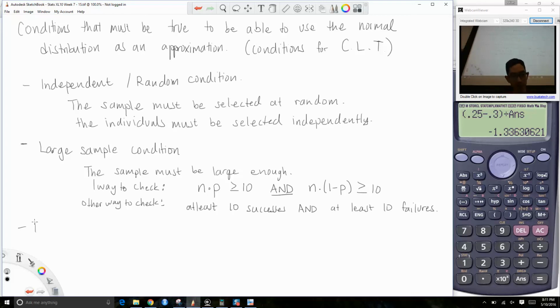Okay, and then the other one is called the big population condition. Students often get these mixed up, but one makes sure that your sample is big enough, and the other one makes sure your population is big enough. So the population must be big enough.